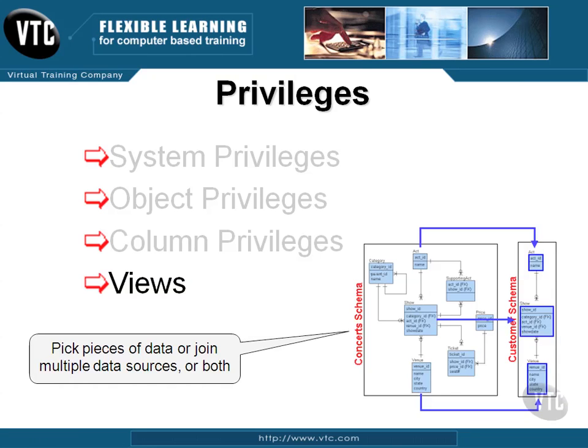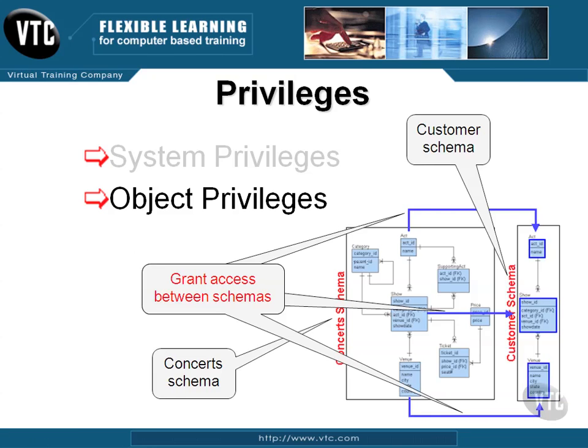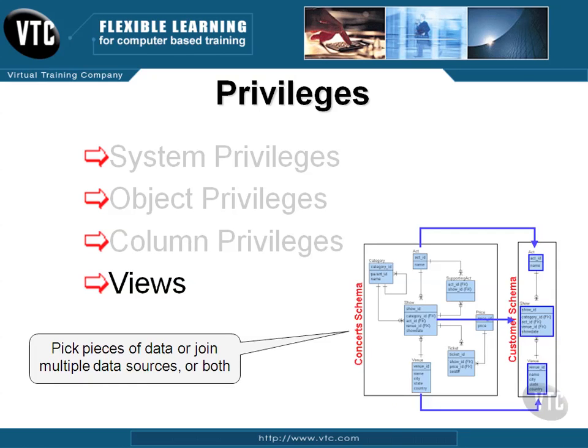And going back to that previous diagram, one method of granting access to objects, as in tables, and picking off data at the row level for a customer, in other words, a customer can only see certain rows, is to use views.